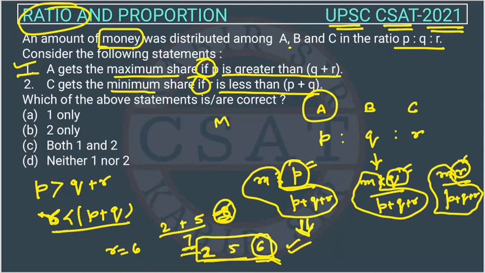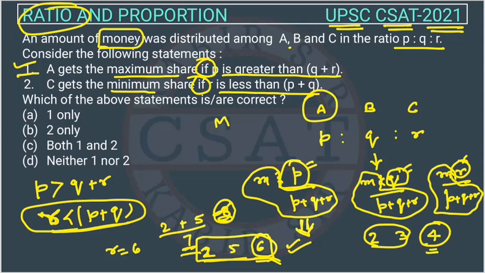If you take some other numbers, like 2, 3, 4, the condition R is less than the sum of these two, 5, is satisfied, but the amount of money R will get is the maximum. So this condition is not satisfied.